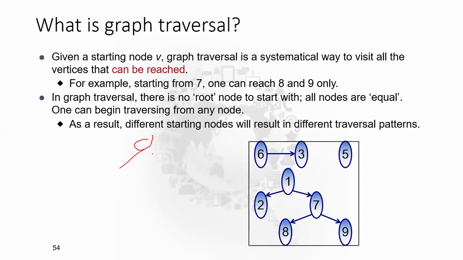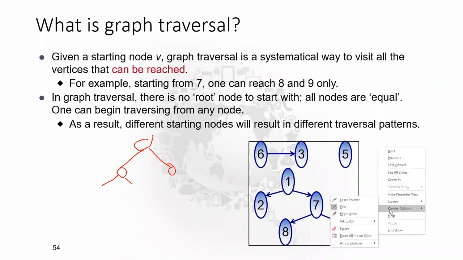Let's say this is a binary tree that we have shown just now. It has the root over here, where it always starts from the root. For a graph, no. You can start from any node and treat it as the root. So all nodes are equal. You can go from any node and it can travel in different patterns.